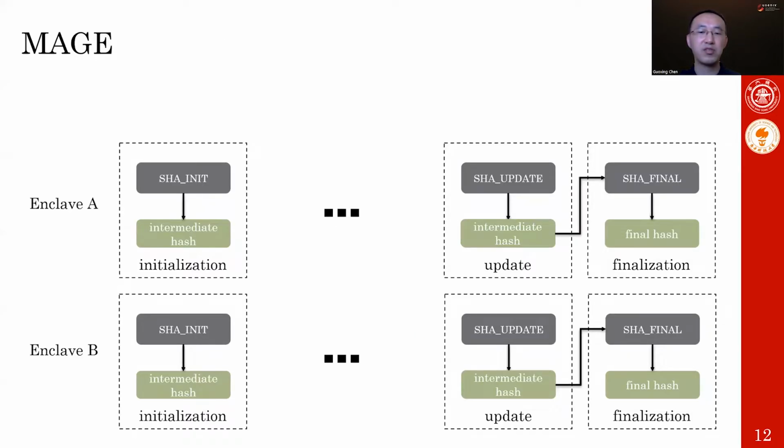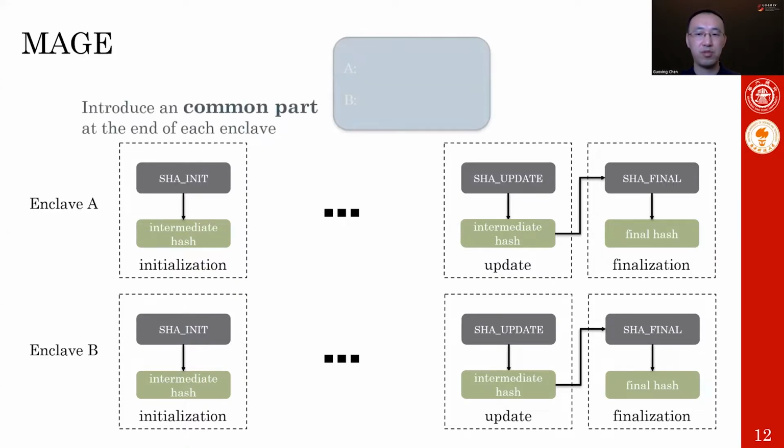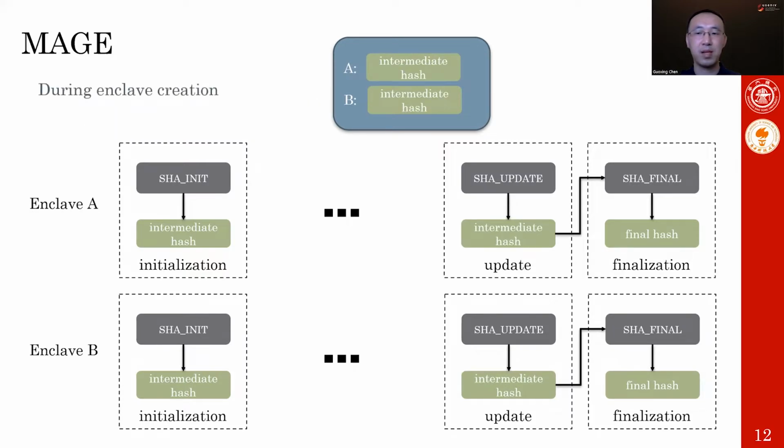So here comes our solution, MAGE. The idea is to introduce a common part at the end of each enclave to store the intermediate states of the enclave's measuring process right before the final step. These intermediate hashes reflect the specific parts of each enclave.